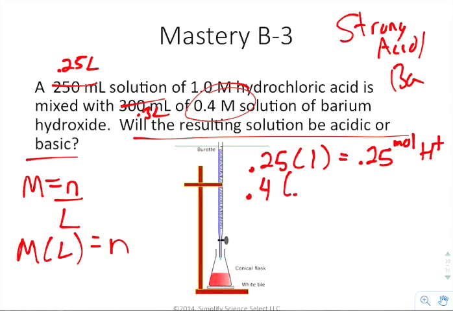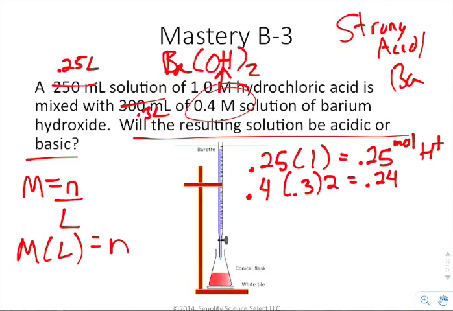times 0.3, but it's a little bit more complicated than this. Instead of it being just 0.4 times 0.3, you know that barium hydroxide is Ba(OH)2. Because of that, for every barium you have 2 hydroxides, so you need to include the 2 term. Whenever you do that, you end up getting a value of 0.24.